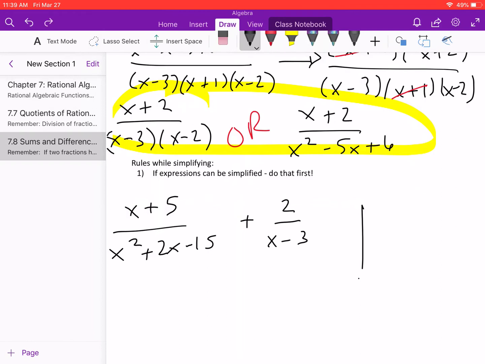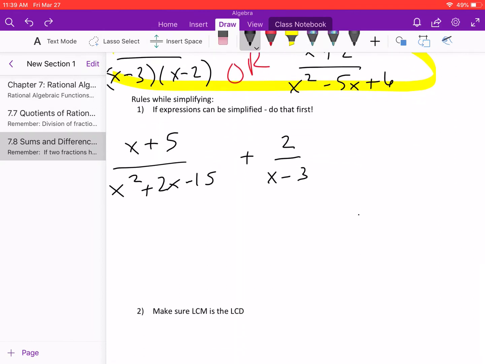And when I go to factor that, it becomes (x plus 5) all over (x plus 5) times (x minus 3) plus 2 all over (x minus 3).